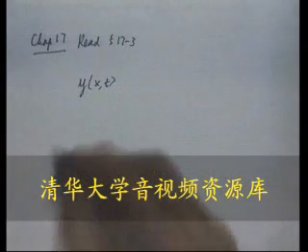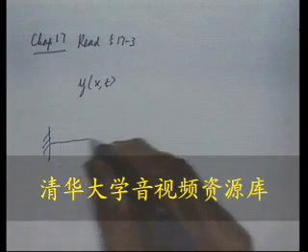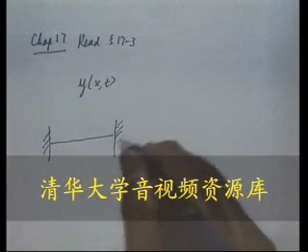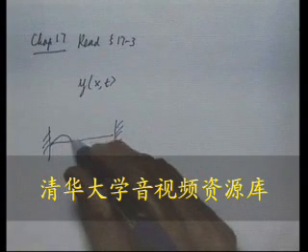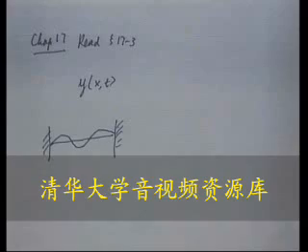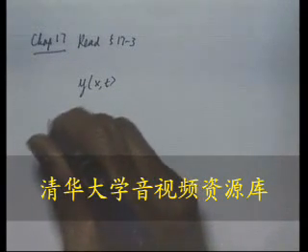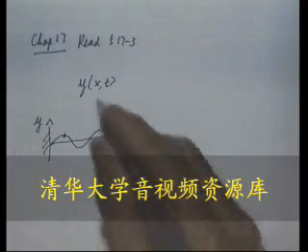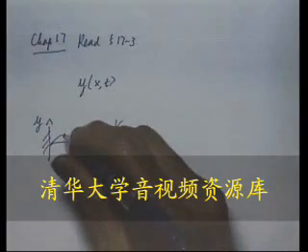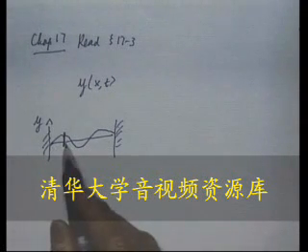For example, a vibrating string. Every point here, this is called y, is moving up and down. So y is a function of both x and t.